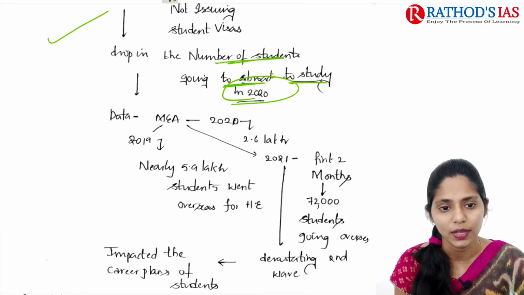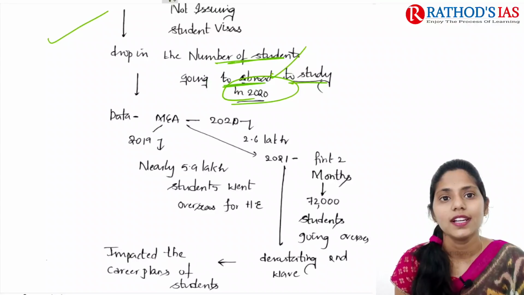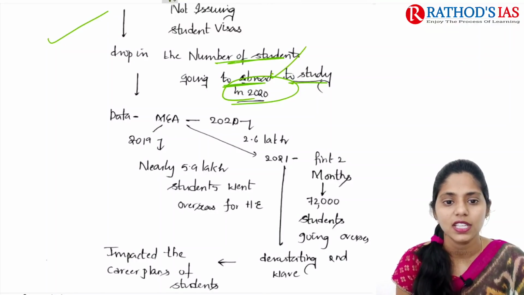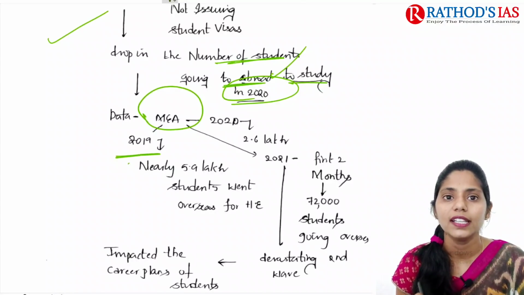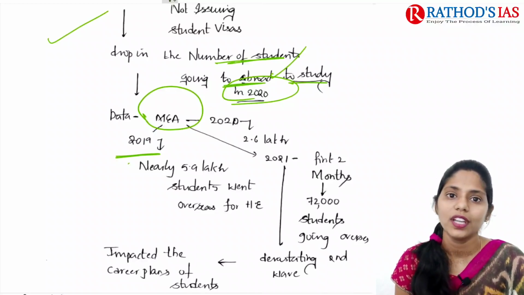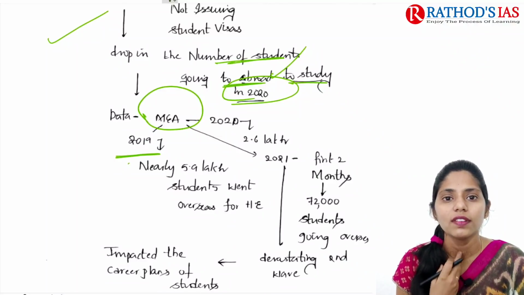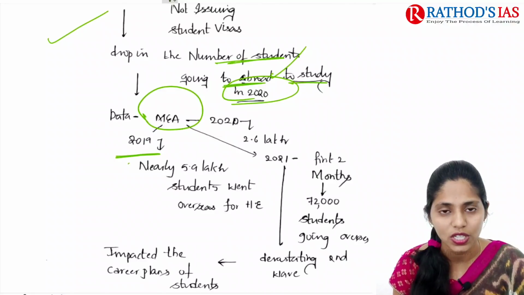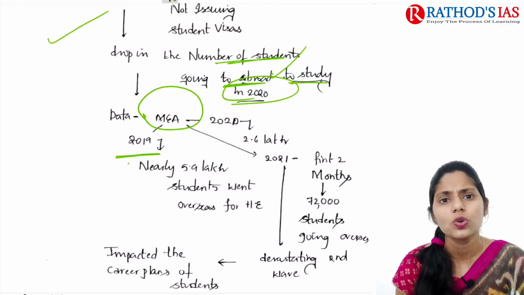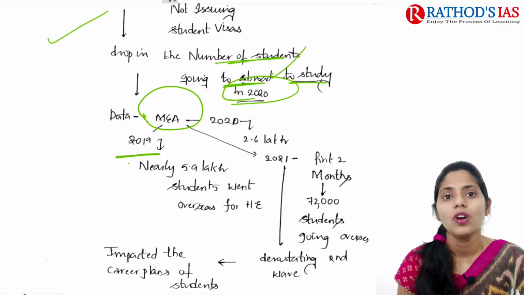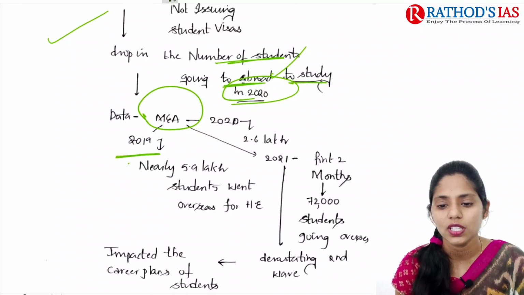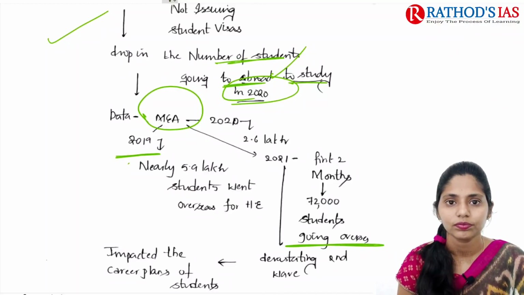According to data released by the Ministry of External Affairs, in 2019 nearly 5.9 lakh students went overseas to pursue higher education. In 2020 it is just 2.6 lakh students who went. And in the first 2 months of 2021, only 72,000 students went overseas.